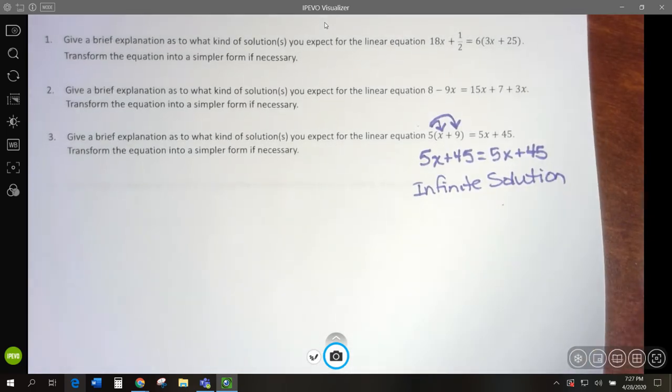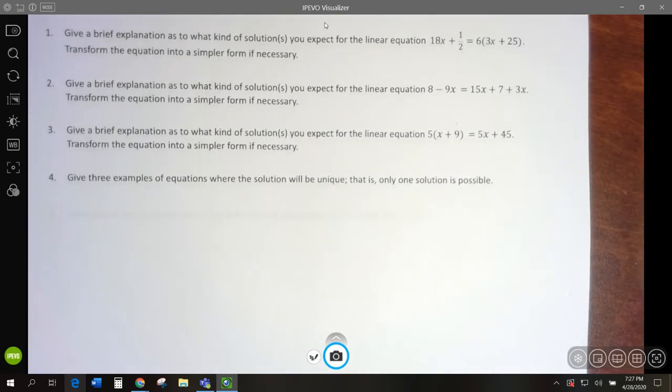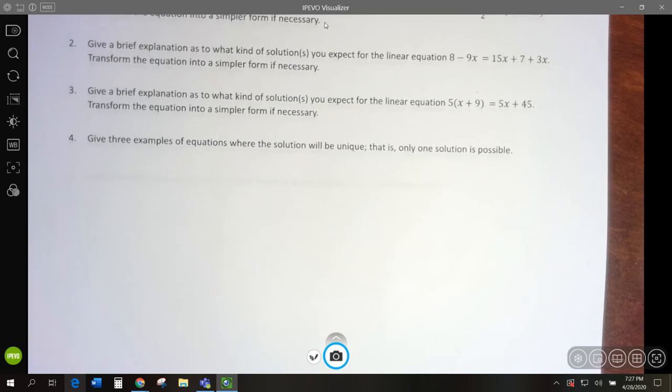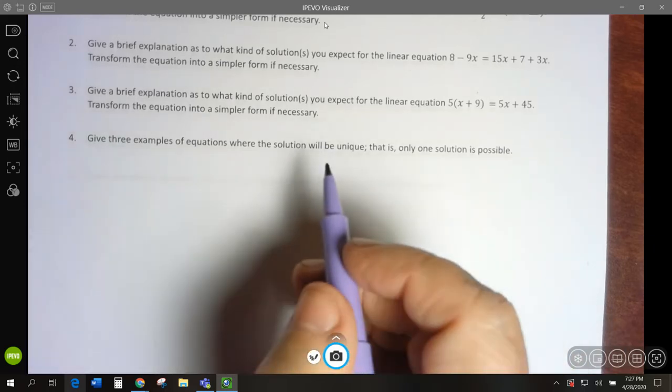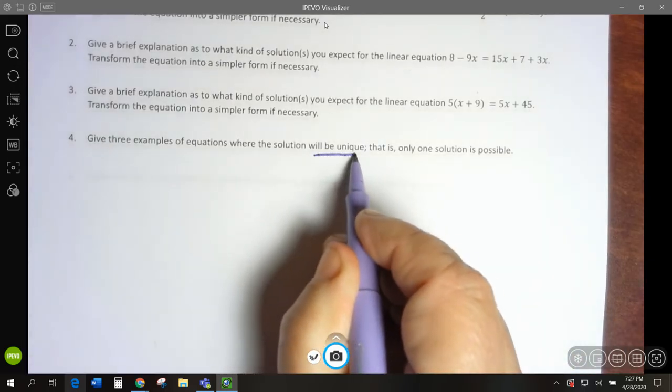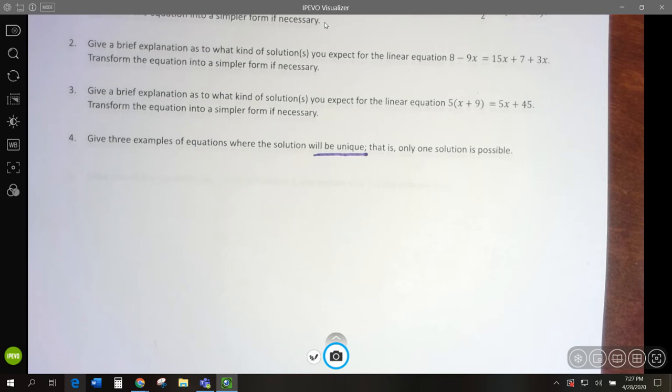Problem number 4, they want us to give examples of equations that have a unique solution, okay, meaning one solution. So we need to come up with examples of that.